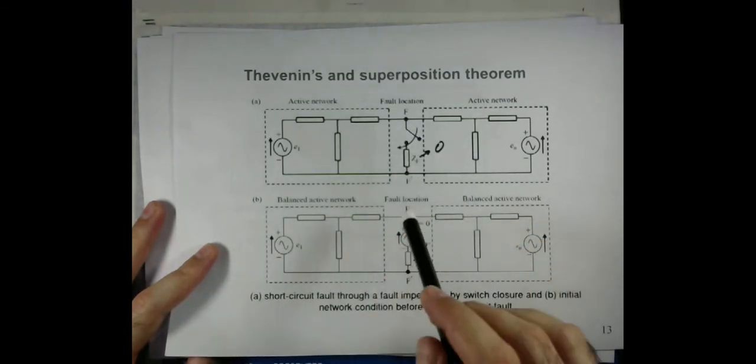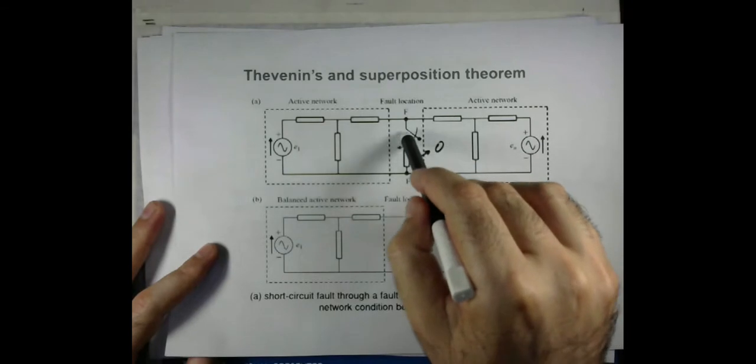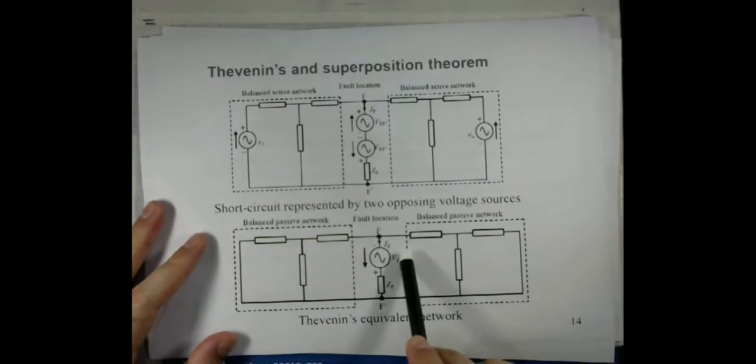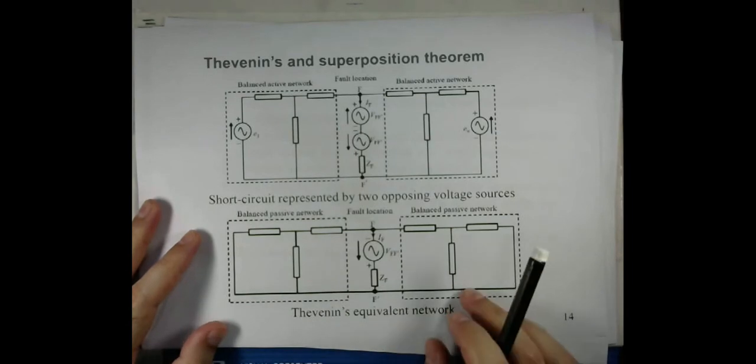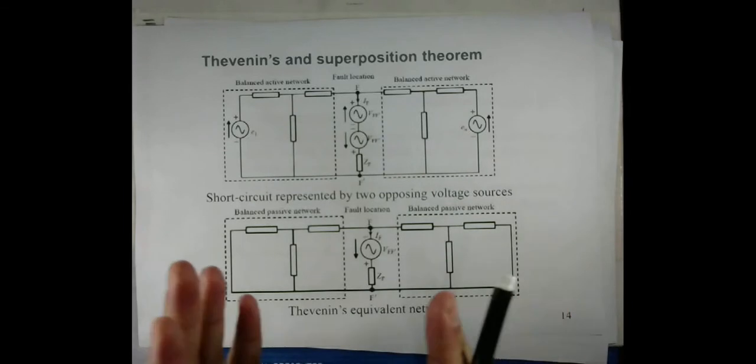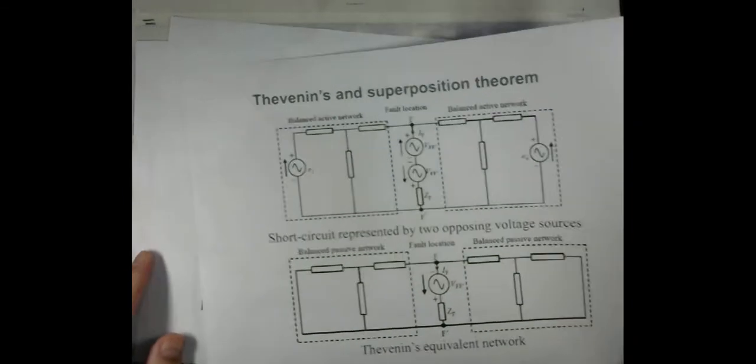Adding that circuit, assuming that the contact is not closed, to this particular circuit will give us the total results, the currents or voltages during the fault condition.